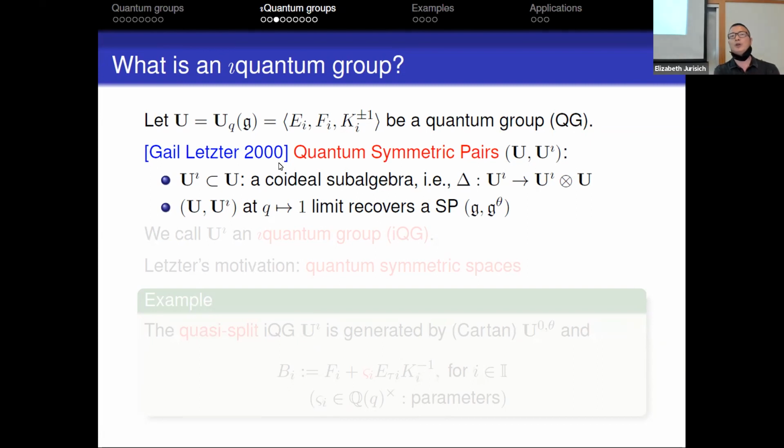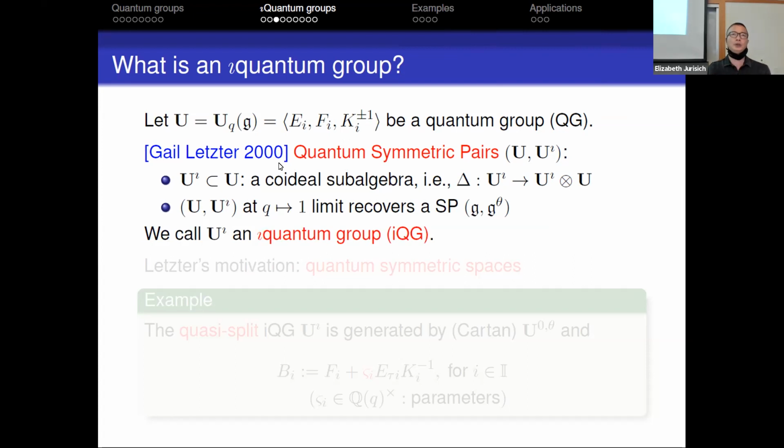So the first one is the quantum group U. The second one is U^i, which by definition is a subalgebra of U, and satisfies one additional property called coideal. That is the condition that under Delta, Delta sends U^i to U^i tensor U. The second characterization you want is that at the classical limit, it's the usual symmetric pair. So for us, we will just call U^i an iQuantum group.